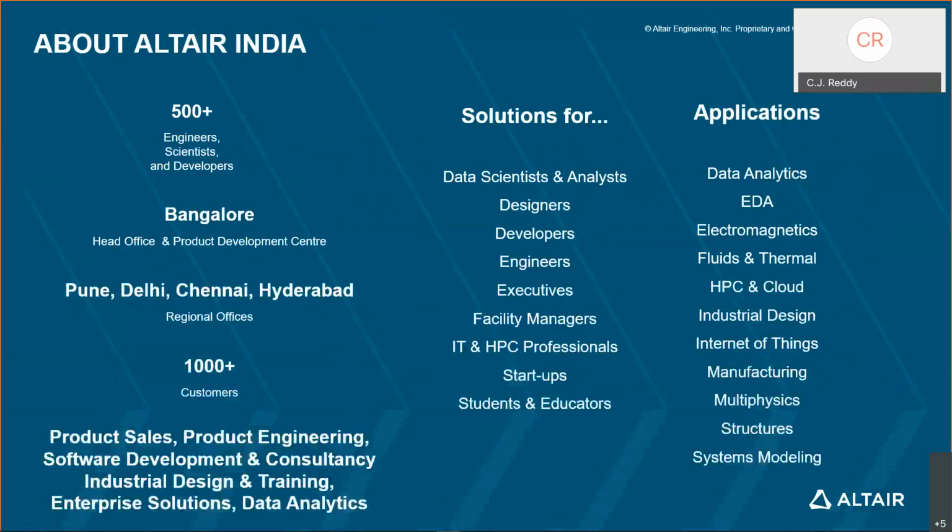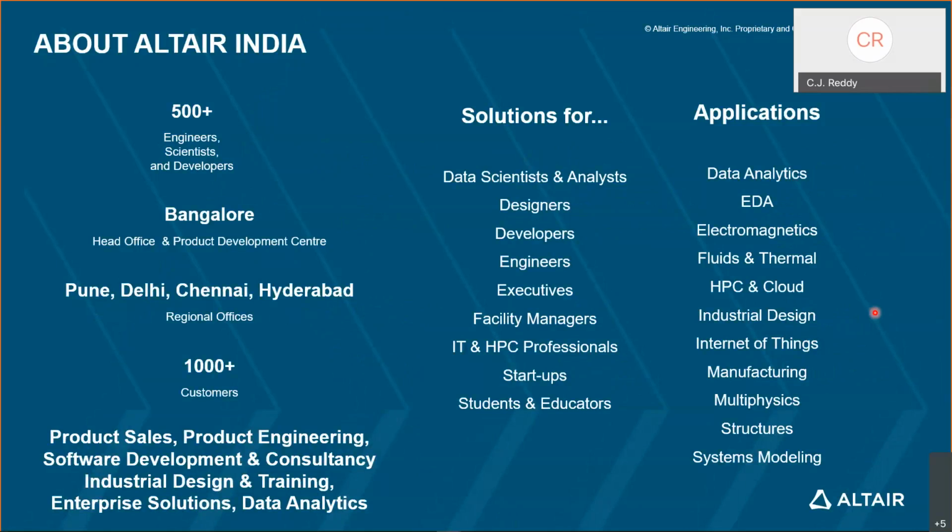So in terms of our operations in India, I would say this is one of the largest operations we have outside of the US. The Indian operations are headquartered in Bangalore, but we have offices in Pune, Delhi, Chennai, Hyderabad, and many other places. And so they cater to all our customers there in various domains.